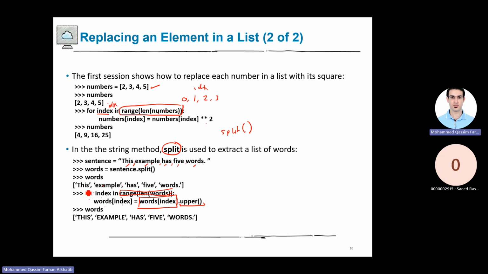Words of 0, it's a string. Words of example, that's a list, string. Words of 2, that's has. 3, 5, and that's words. And again, the value of index here will be 0, 1, 2, 3, 4, because I have 5 elements, and the values will be from 0 to 4. Okay, so when we have that, you just convert into uppercase for each element. And you just replace each word with its uppercase version.